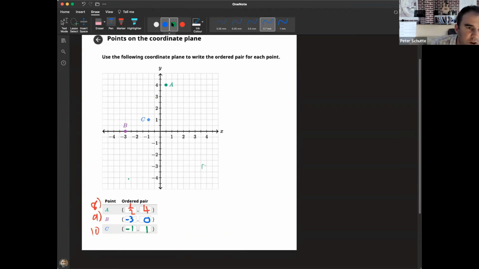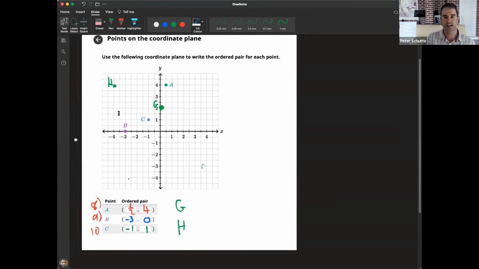Okay, let's do a sneaky case. What about that point? I'm going to call this point, where were we up to? We were up to, comes after F, A, B, C, D, E, F, G. So I'm going to call this point over here point G, and then H. And H is going to be over here.